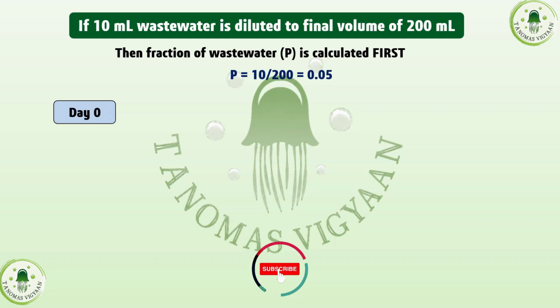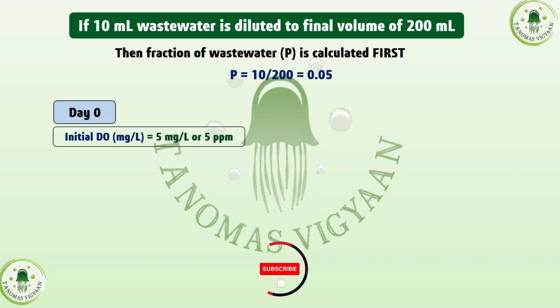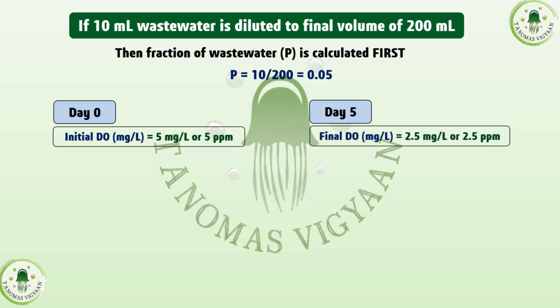In a similar manner you again do the dissolved oxygen experiment and find the initial dissolved oxygen. Let's say your initial DO is 5 mg per liter, and at day 5 your final DO is 2.5 mg per liter.